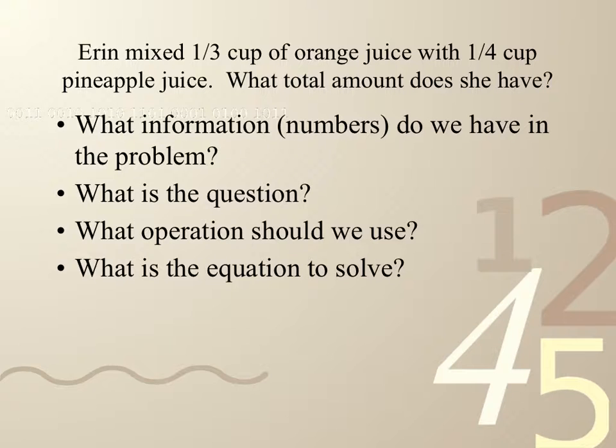So I hope that you at least had some practice trying to add those two fractions, and maybe you were able to come up with something, maybe you weren't. Let's take a look at this example so that we can get into how we would go about adding unlike fractions. Erin mixed 1/3 of a cup of orange juice with 1/4 of a cup of pineapple juice. What total amount does she have? What information, which is just the numbers, do we have in the problem? We have 1/3 of a cup and 1/4 of a cup.